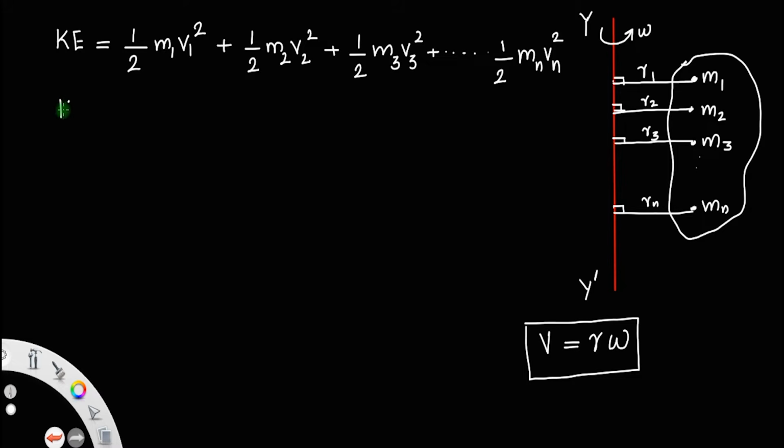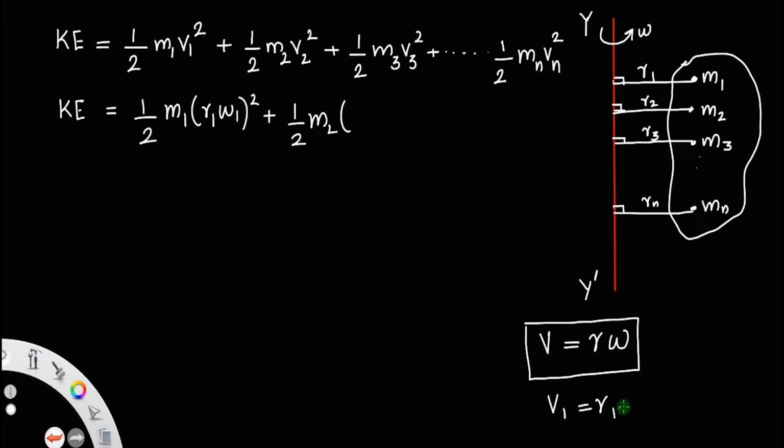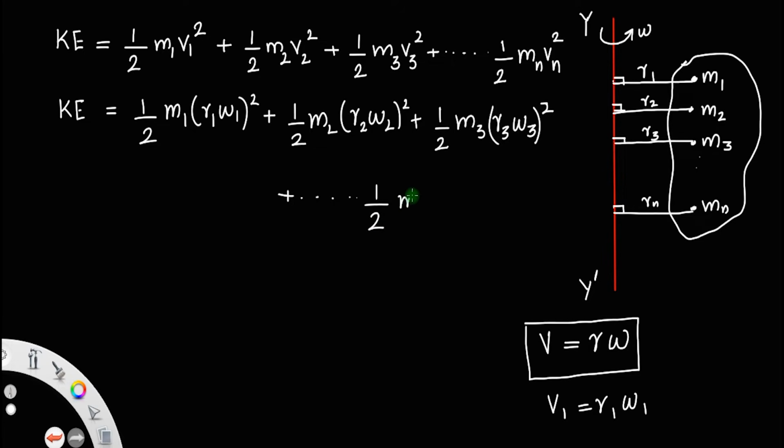Applying this, kinetic energy is equal to half m1, instead of v1 you can write r1 omega 1, whole square, plus half m2, v2 will be r2 omega 2, whole square, plus half m3 r3 omega 3 whole square, plus etc. up to half mn times rn omega n whole square.